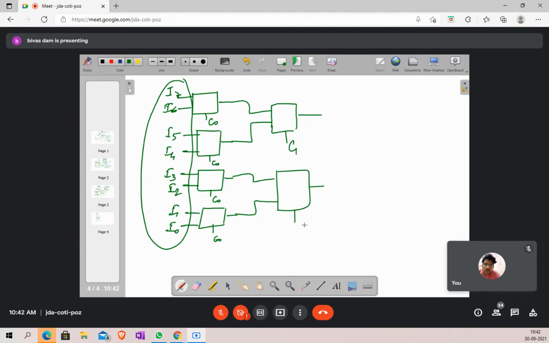That means C1. How many outputs are you getting here? 2. So finally, I have a single stage. I have not written the internal signal names, but they should be present.